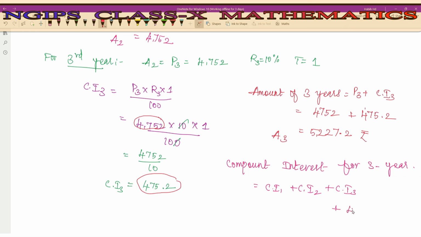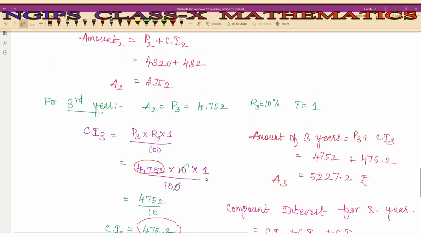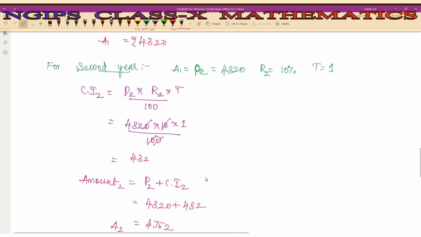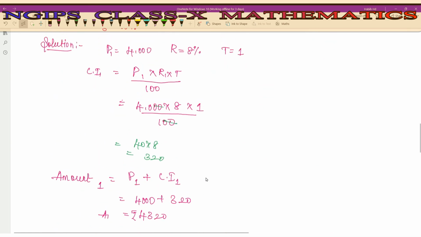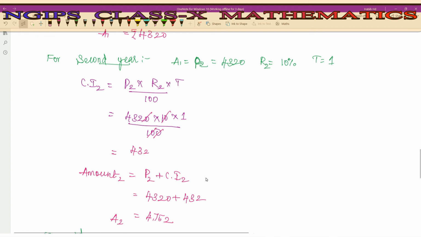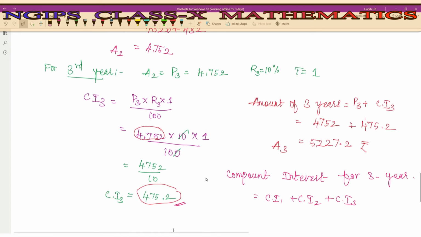For the third year we know it is 475.2. Next, the second year is 432, and the first year is 320.